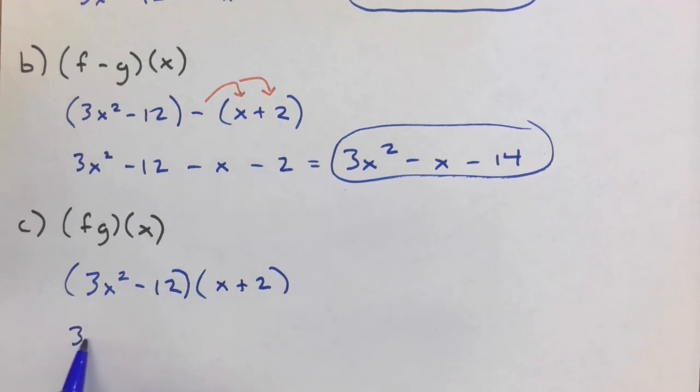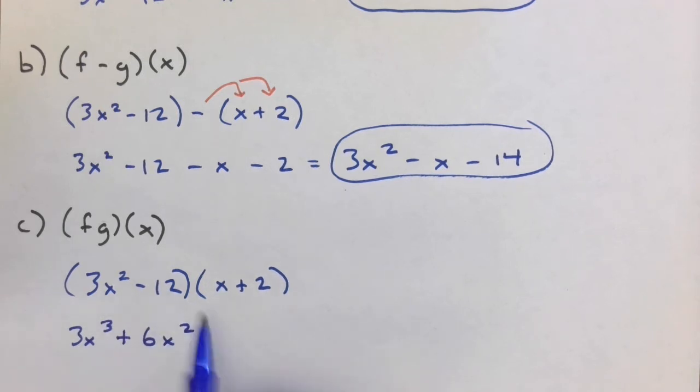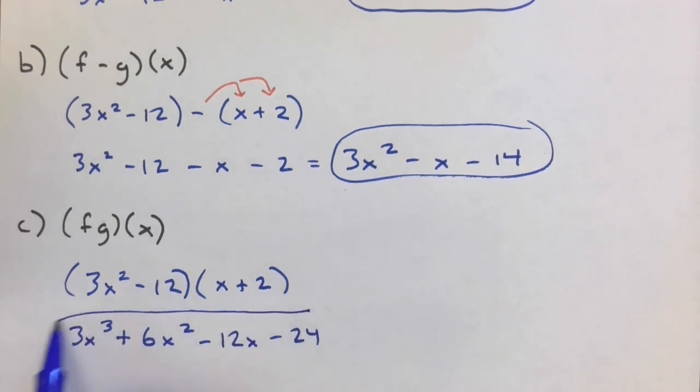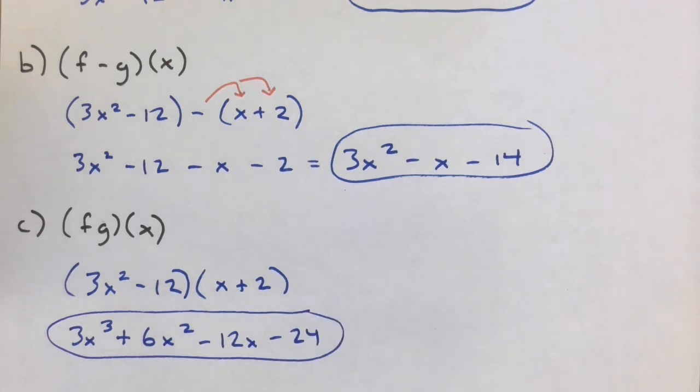That would give us 3x cubed plus 6x squared. And then distributing the negative 12 into both terms, that's the I and the L parts of FOIL. That would give us minus 12x and minus 24. We would look to combine like terms in our next step, but there aren't any like terms there, so we are done with that one.